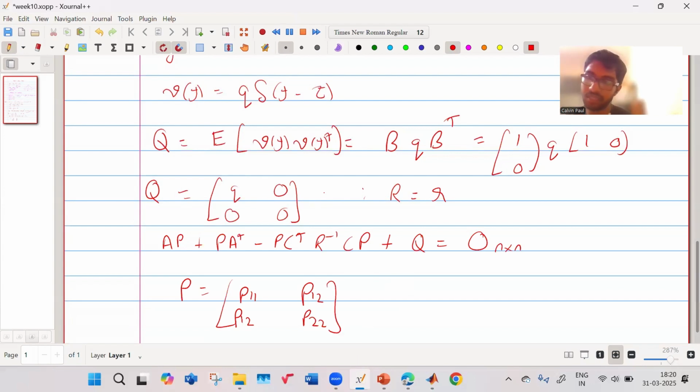It has to be a positive semi-definite matrix and it has to be symmetric. That has to be made sure.